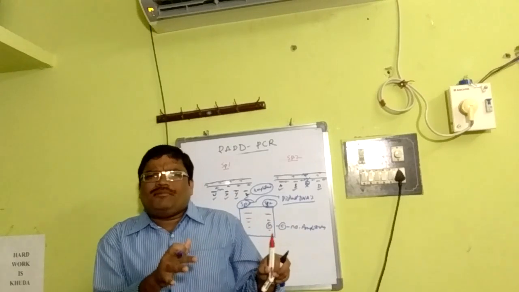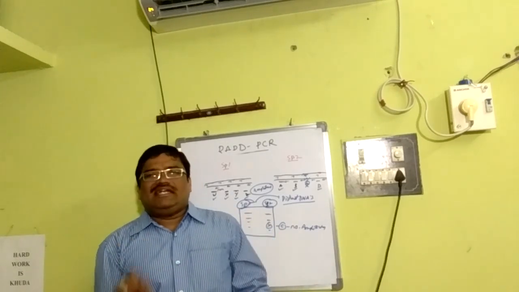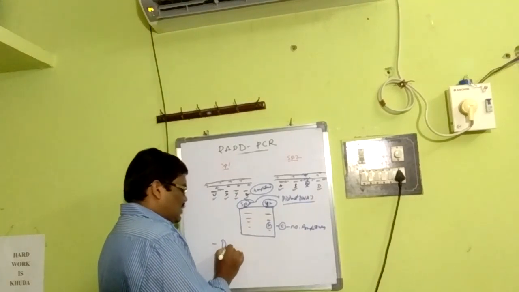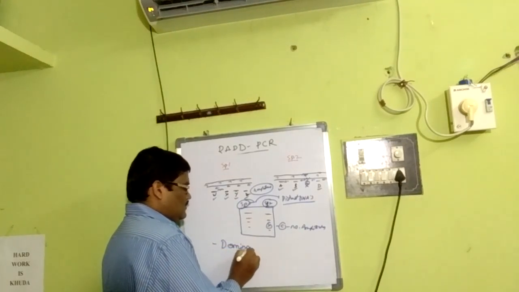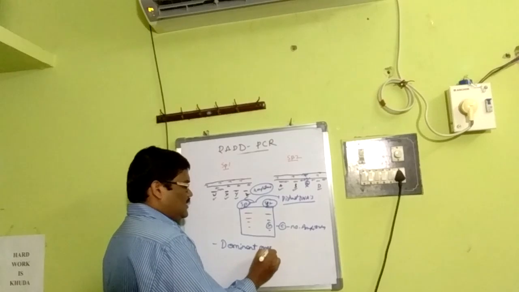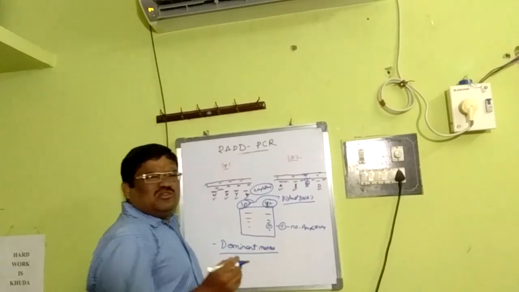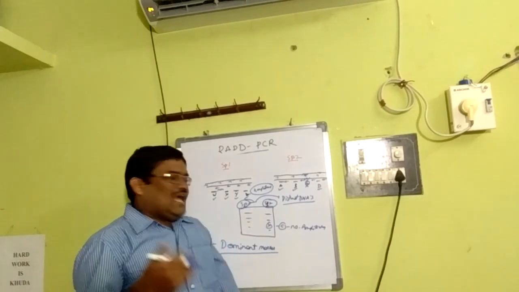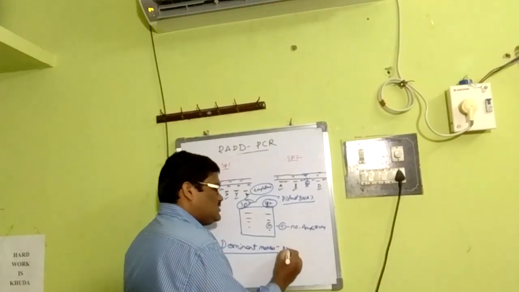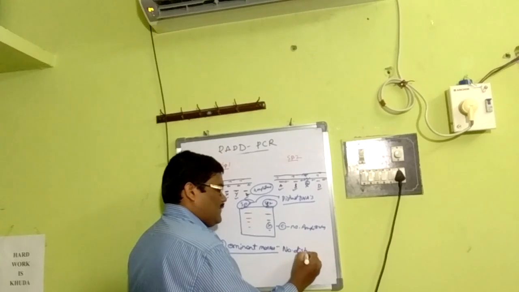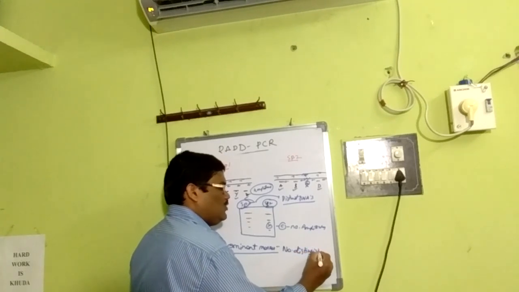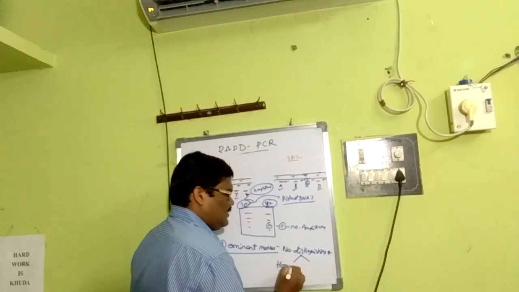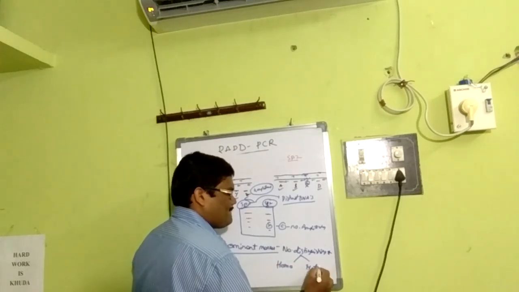On paper it appears to be a flawless technique, but it does have limitations, because RAPD markers are majorly dominant markers. Dominant marker means we cannot distinguish homozygosity and heterozygosity. That means no distinguishing of homo and heterozygosity.